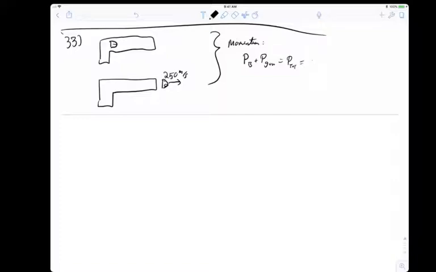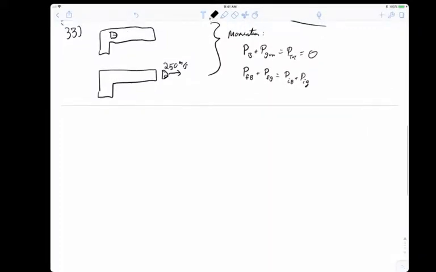So 0, because it's 0 at the start. So this means P final bullet plus P final gun is going to be equal to P initial bullet plus P initial gun.